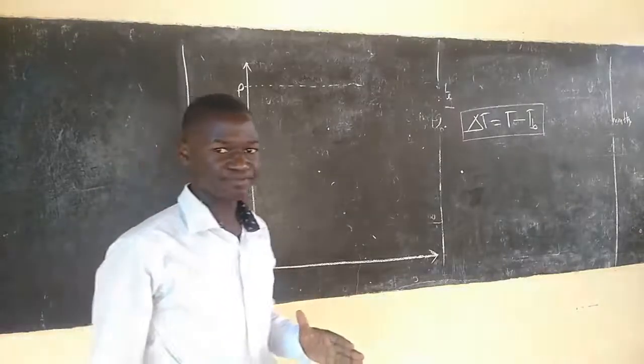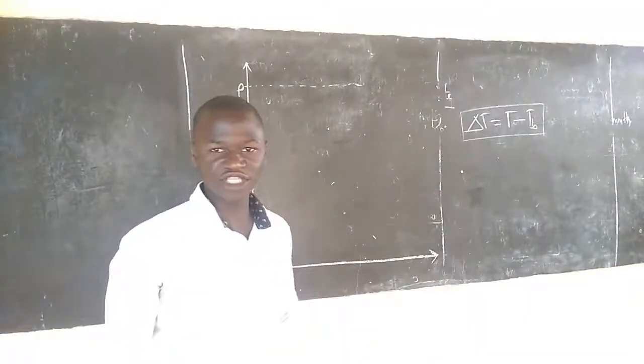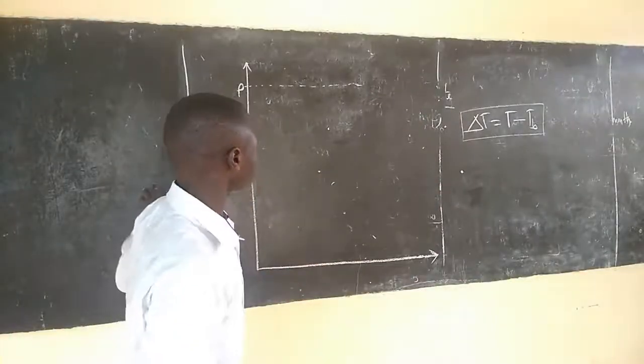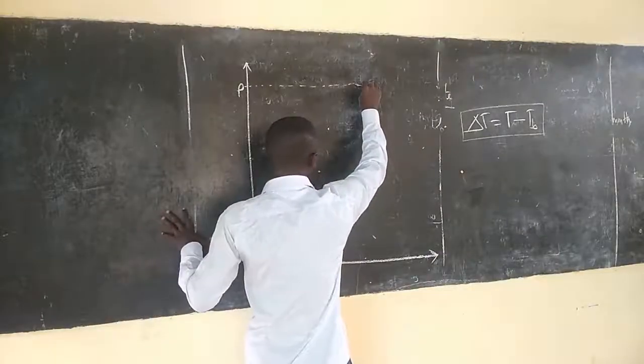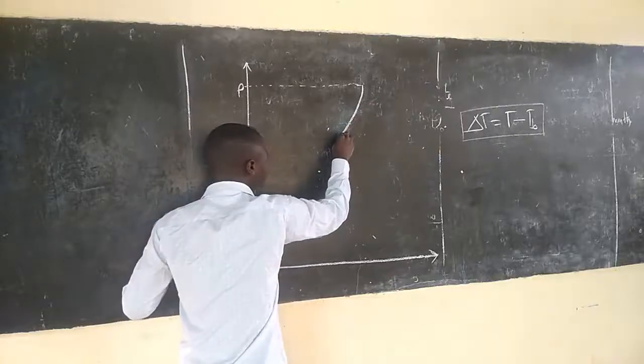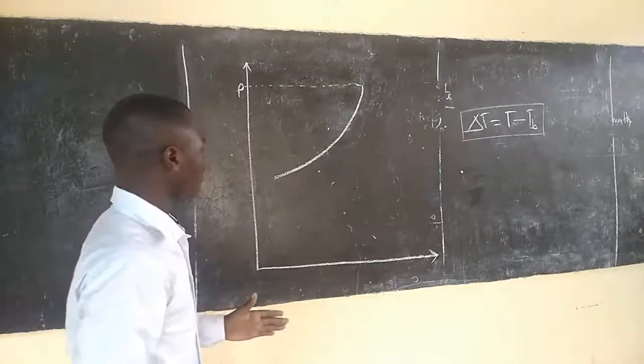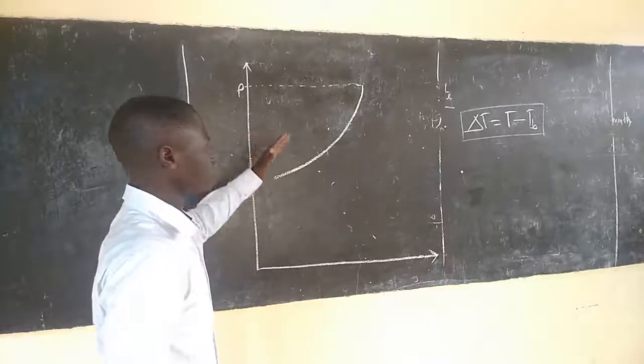If we consider the Charles law na zile graph zao, you can get this variation. Variation yake haiwi straight line, but it is in this version. This is the way temperature and pressure they vary.